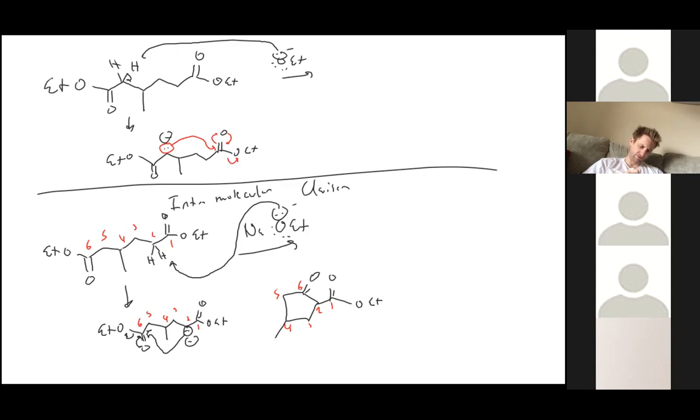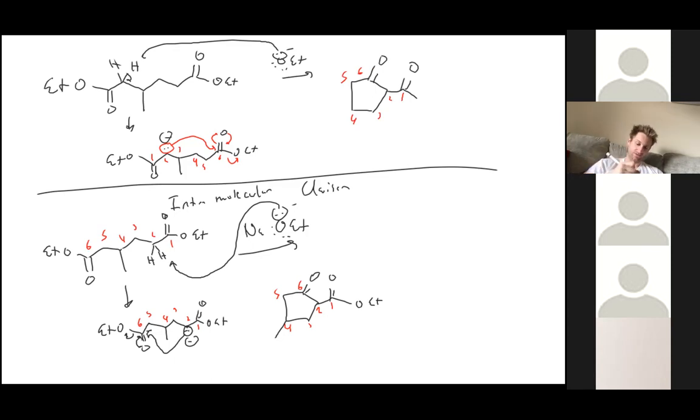If I count my ring the same way, although I'm just going to count left, right, that makes more sense. 1, 2, 3, 4, 5, 6 here. We're making a bond between 2 and 6 again. So our ketone is on 6.